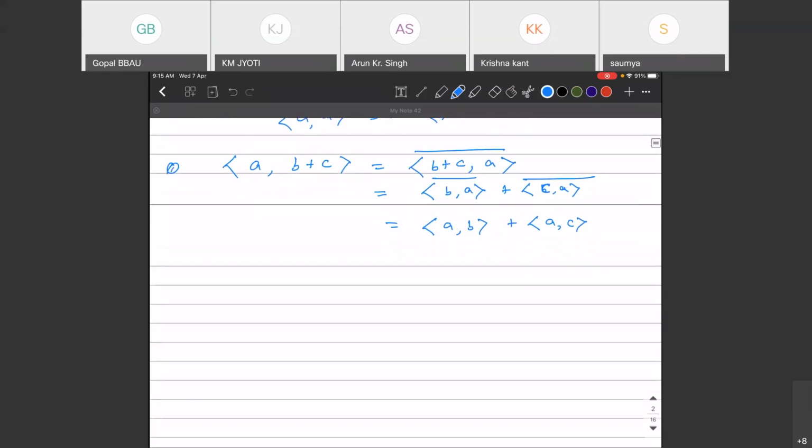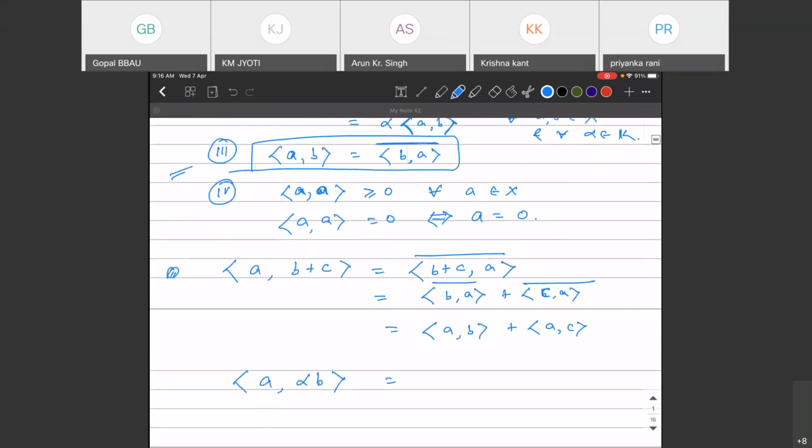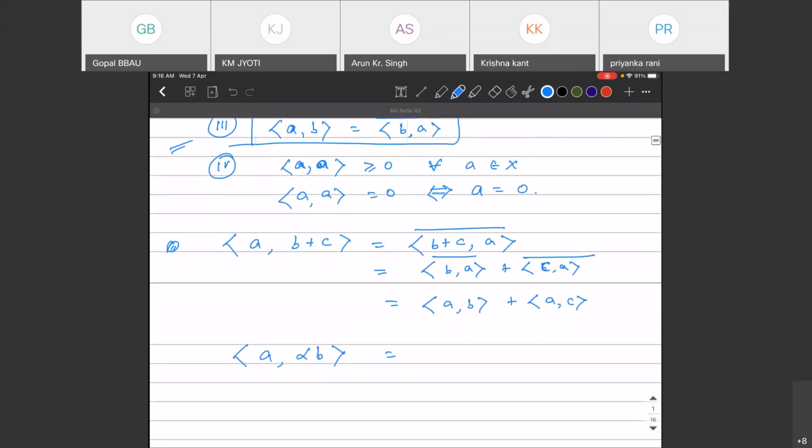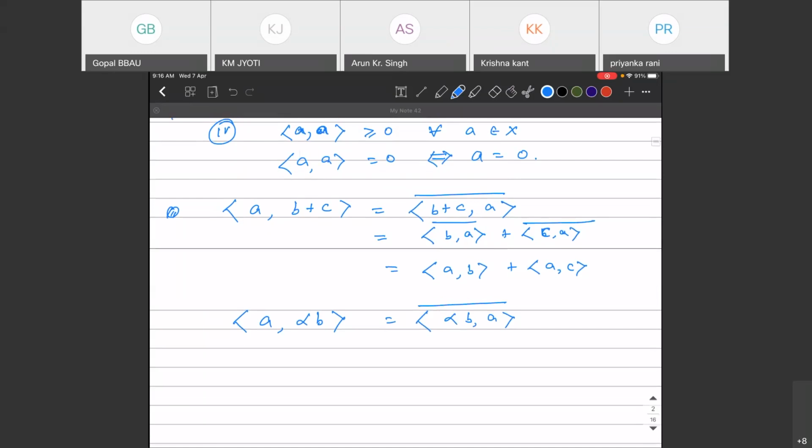Now the second thing is A comma alpha B. From the third condition, this is the conjugate of alpha B comma A, so this is alpha bar times the conjugate of B comma A. Correct?